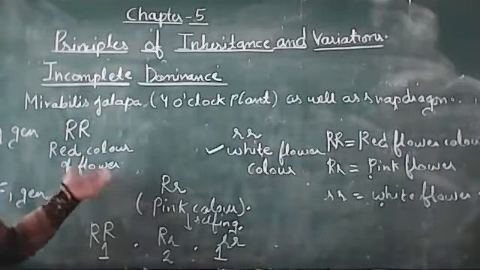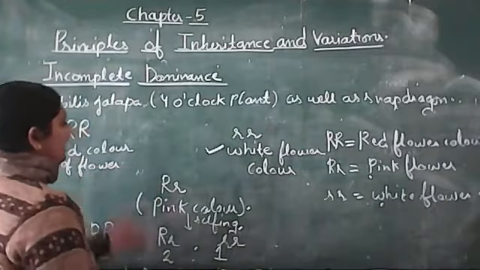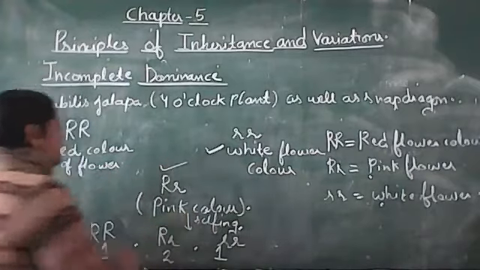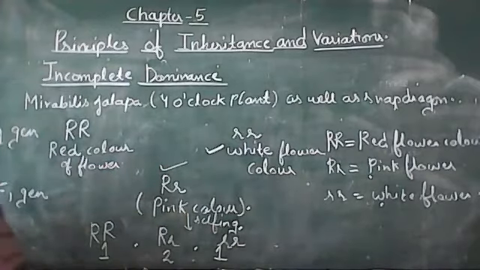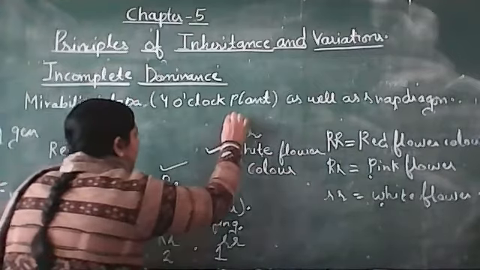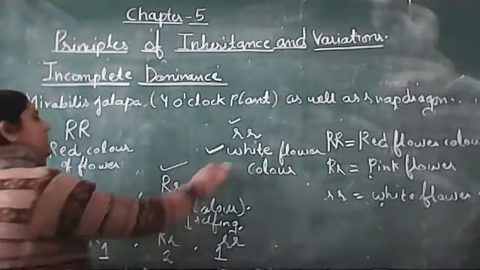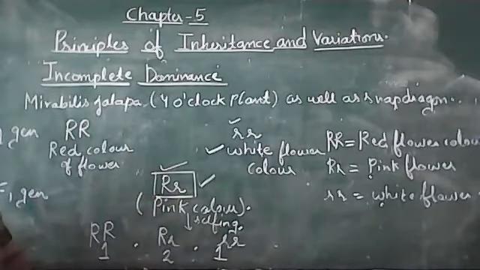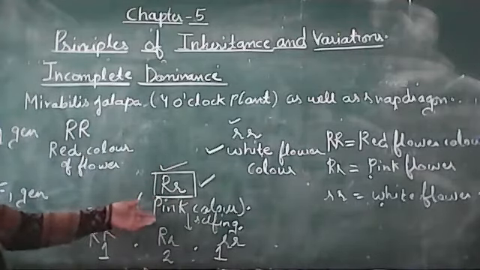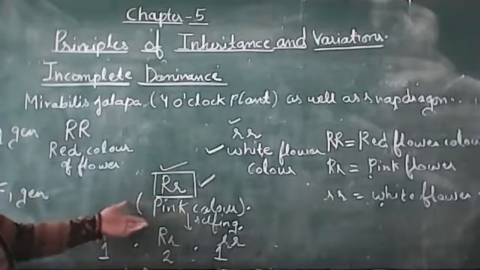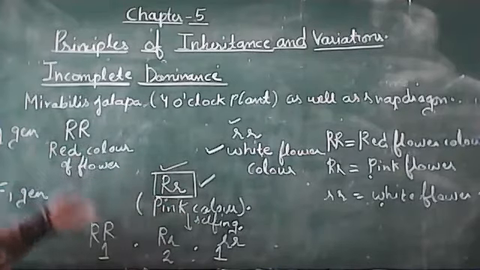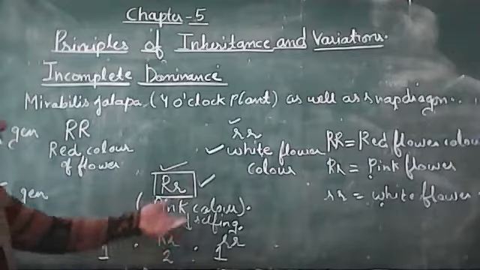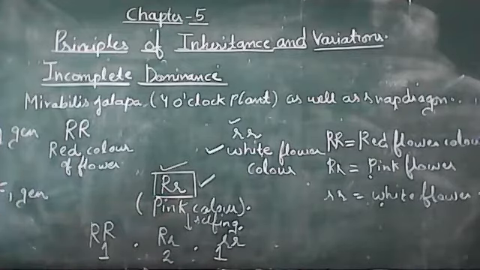The dominant alleles should show their 100% expression here, but instead some expression from the recessive alleles also comes into the F1 hybrid. So as we expected, the color of these F1 hybrid plants should be red flower color, but instead the pink flower color comes.